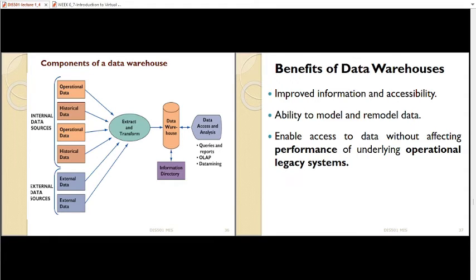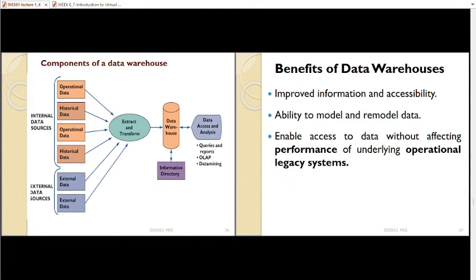So we need to clean that data and make sure it is in the right format, especially the data we are getting from outside the organization, so that we can ensure compatibility and ensure that it is data that can be of value. Hence the data warehouse, and we can access it through different queries, online analytical processing, data mining, and all that.